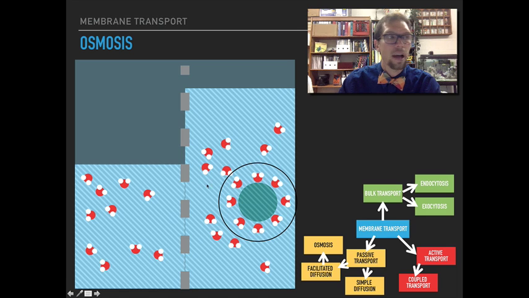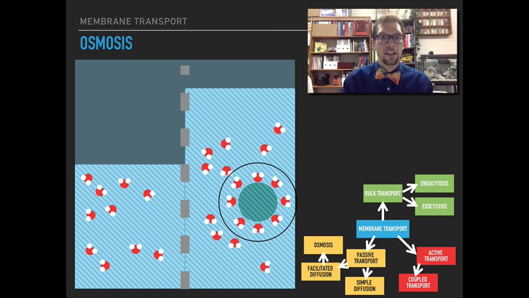And so you have movement of water so that you have an equal concentration of free water on both sides of the membrane. And so it looks like there is more water over here. You end up with more water overall on one side and less on the other side, thus the change in levels. But it's an equal amount of free water molecules that's important here.